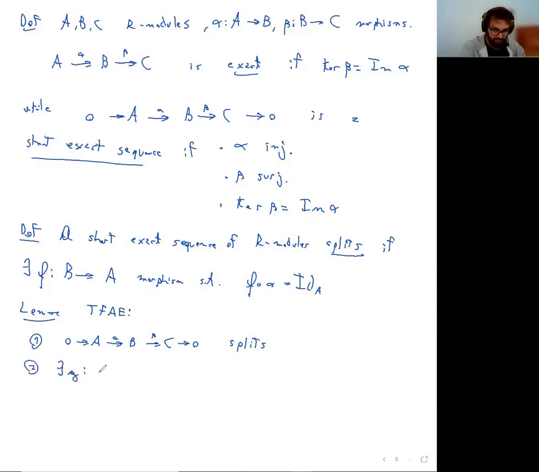There exists a g from C to B such that beta composed g is the identity on C. So it's kind of this other inverse. So having this inverse is equivalent to having this inverse. Or, and this is perhaps the most illuminating one, there exists an isomorphism between B and the direct sum, which makes the diagram commute.